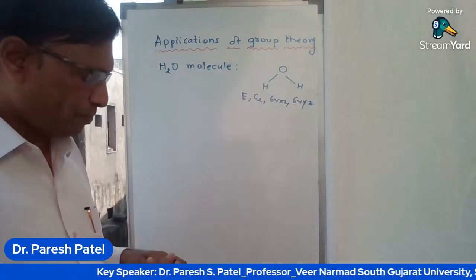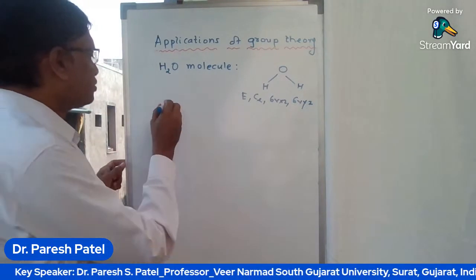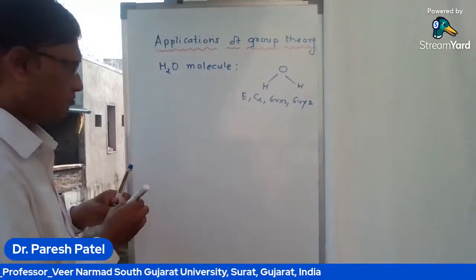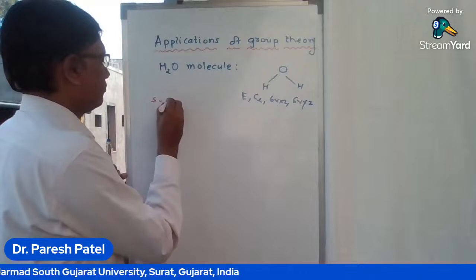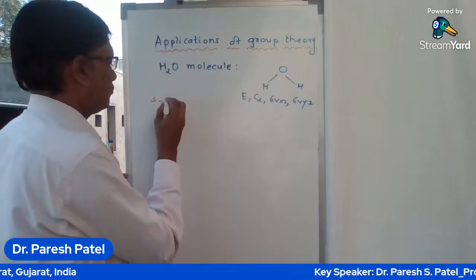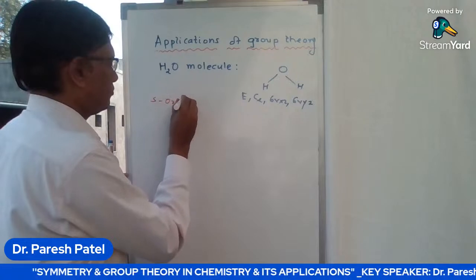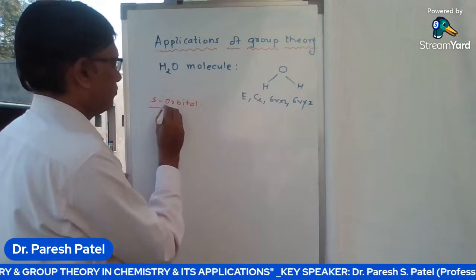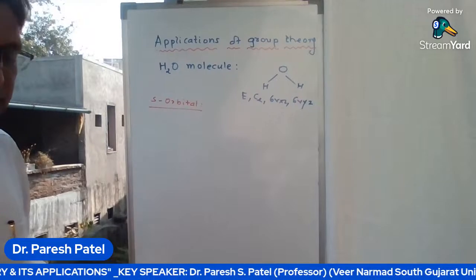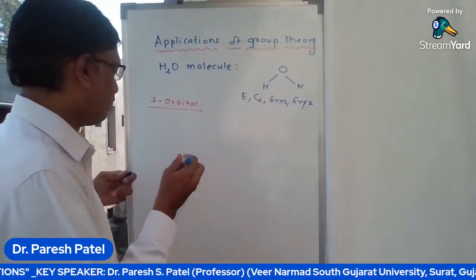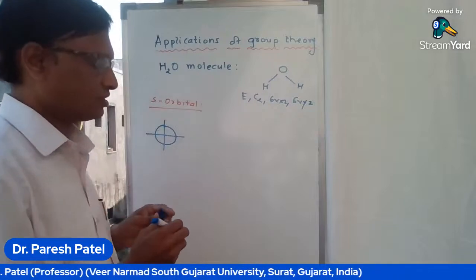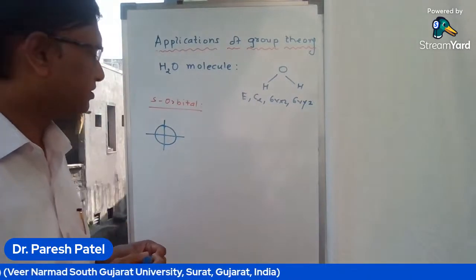We have to operate different symmetry operations, first on the s orbital. Now, the contribution of the s orbital in the bonding skeletal of the water molecule. We know the shape of the s orbital is spherical.